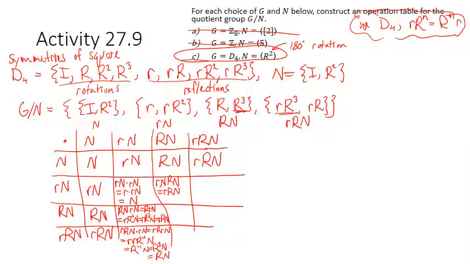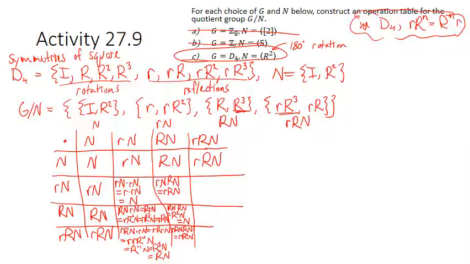Okay, so I'm getting a little squished in this table here. I probably should have left myself more room. But anyway, I hope the next one here won't be as squishy. So this will be Rn, like that, and then that'll be r squared n. And then r squared is one of the elements of n, so this will actually just be n. Okay, and then the next one, so this will be little r big R n times big Rn, so this will be little r squared n.